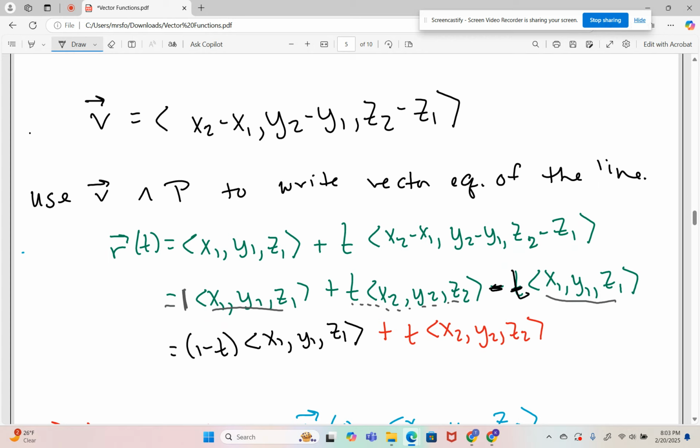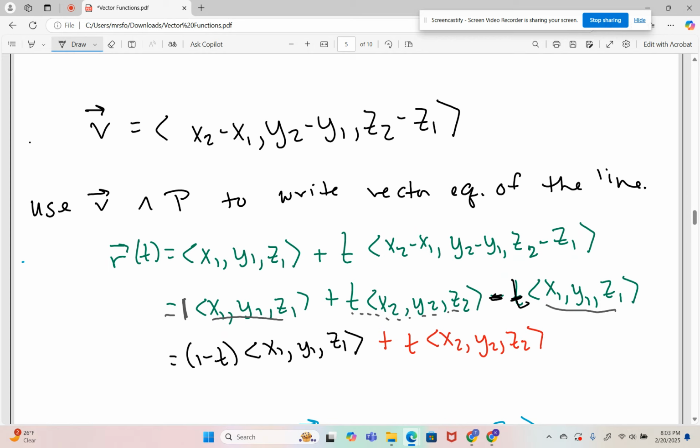Now, if I wanted to find something like vector r of 1 or vector r of 0. If I found vector r of 0, what that would become is 1 minus 0. So that's 1. That gives me x1, y1, z1.